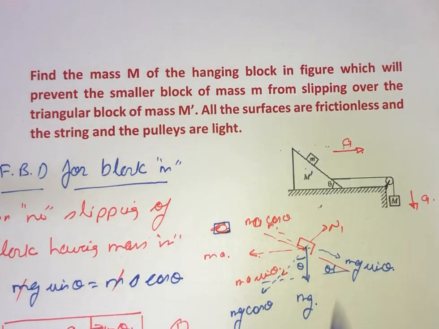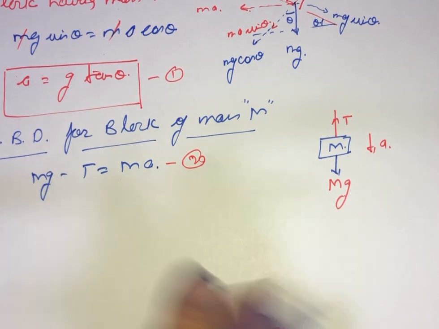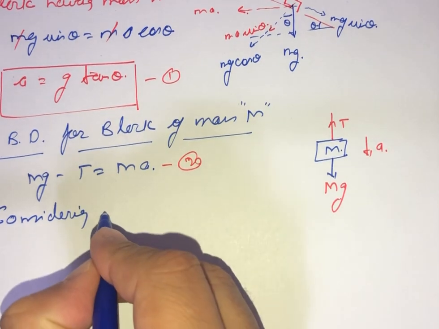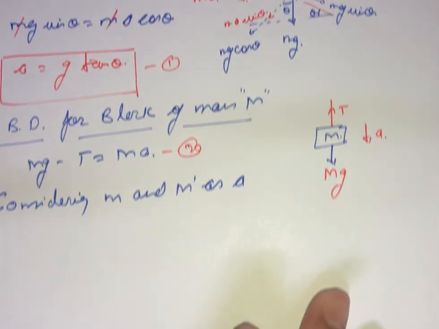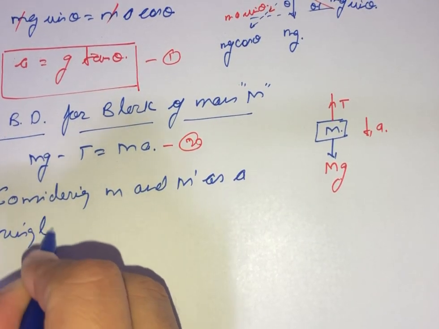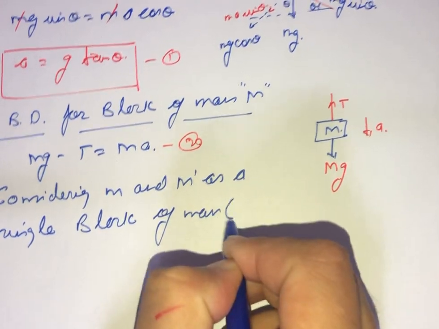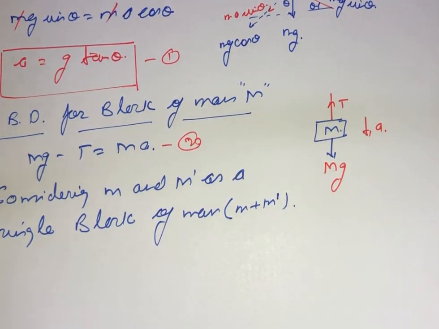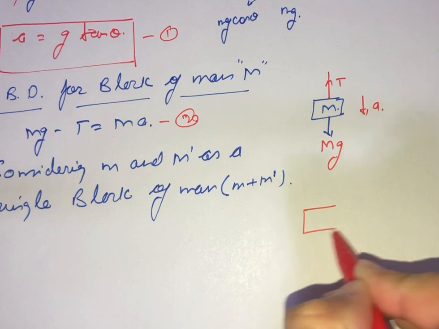Now we can consider that M prime and m are a single block. If we consider this single block, considering m and M prime as a single block of mass m plus M prime, let us draw the single block like this.